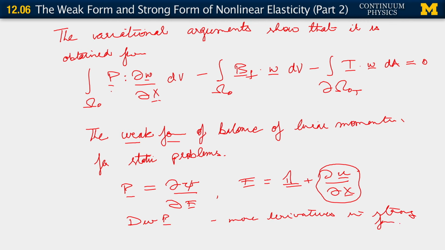Because P itself does not have a derivative on it. In a sense, that derivative on P has been shifted to W. Okay? It is in this sense that we also call this the weak form. It has fewer derivatives. Okay?